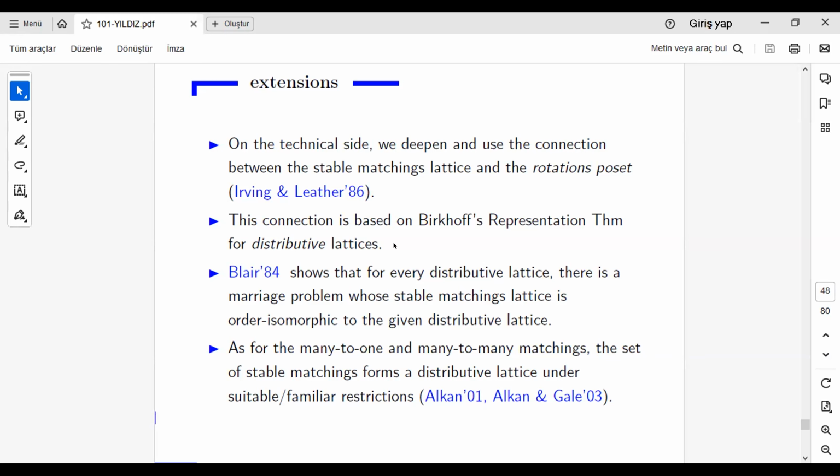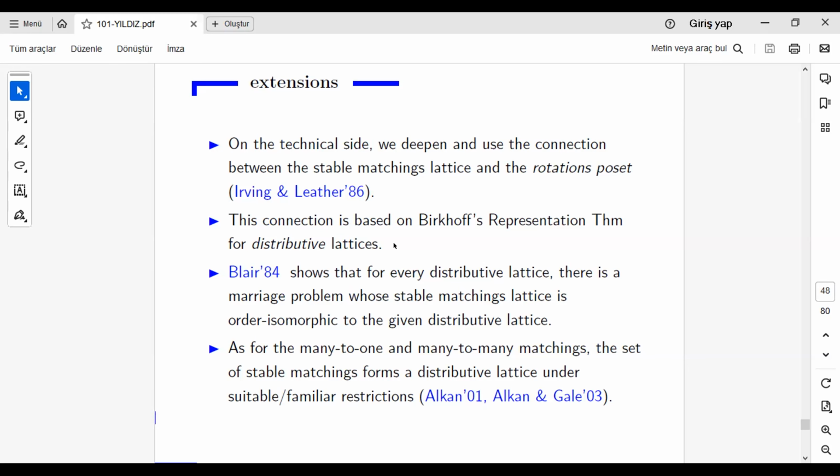Okay, I mentioned in the beginning that the marriage, the one-to-one matching problem is quite particular. Many-to-one, many-to-many matchings have a lot of applications and are more general.